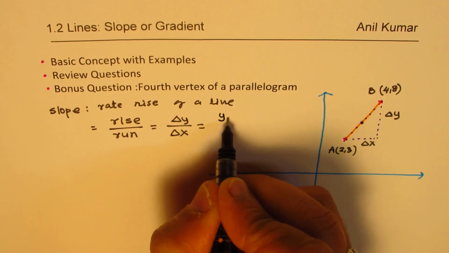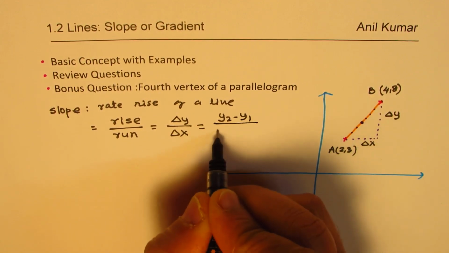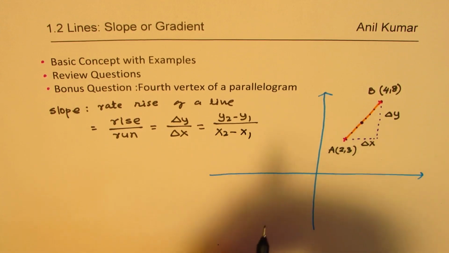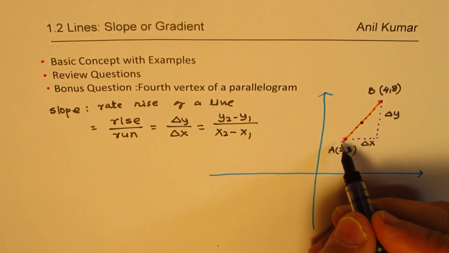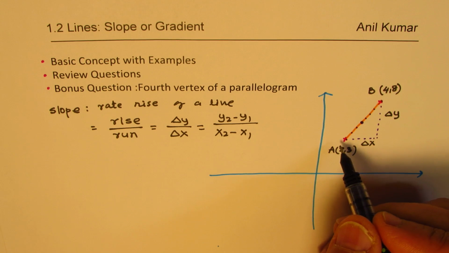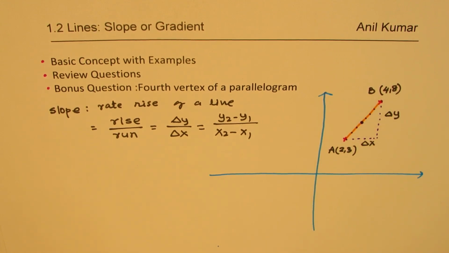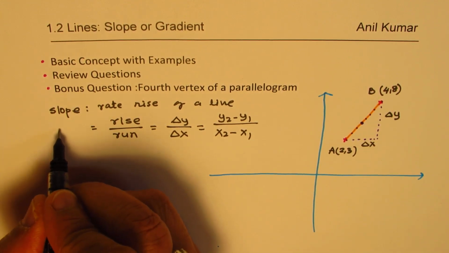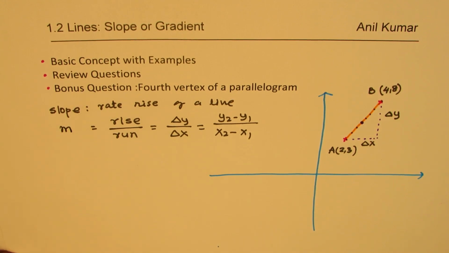Change really means y2 minus y1 over x2 minus x1, if (x1, y1) is one coordinate and (x2, y2) is the other coordinate. We also represent slope with the letter m. So in general, we'll be representing slope with the letter m.